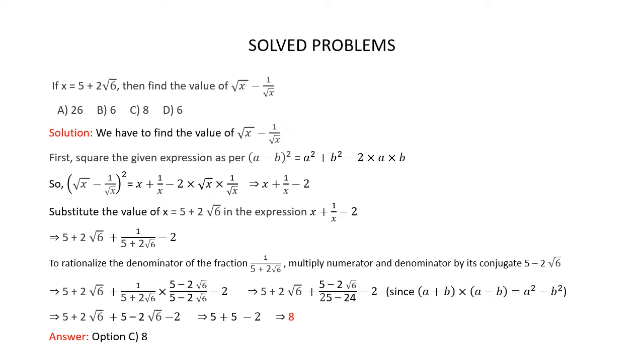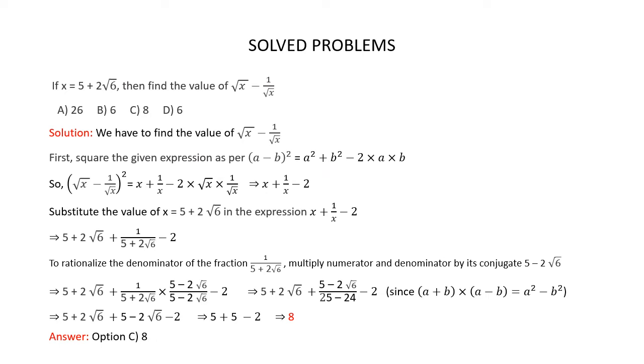Now first you have to square this expression. When you square this expression, you will get root x minus 1 upon root x the whole squared. This is similar to a minus b the whole squared, which is equal to a squared plus b squared minus 2ab.